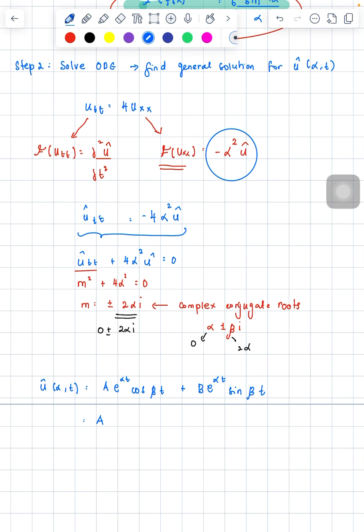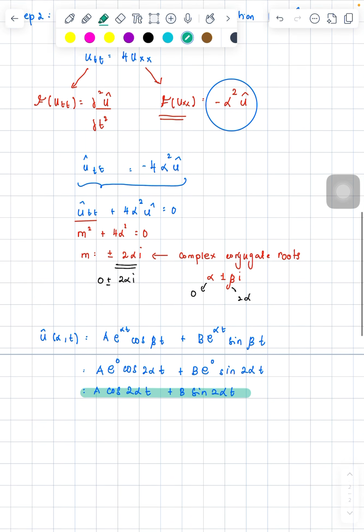Our alpha is 0, so we have a e^0 cos 2 alpha t plus b e^0 sin 2 alpha t. Since e to the power 0 is 1, we have a cos 2 alpha t plus b sin 2 alpha t. This is our general solution for u hat (alpha, t).